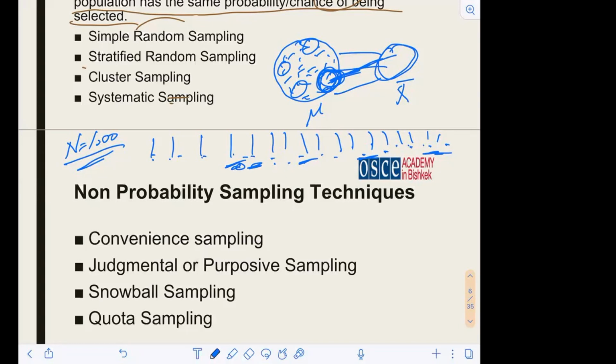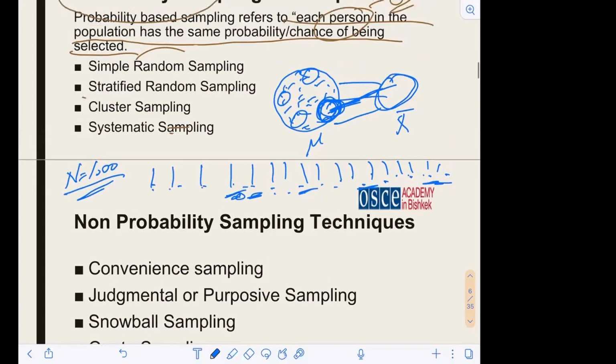That's called systematic sampling, where you do things systematically. You just want to know about COVID patients and how many people died, so you went to two hospitals, got all the information, that's all? No, that's not the way. Maybe the hospital is surrounded by more COVID exposure. Are you getting my point? So there are four different types of probability sampling where everyone has an equal chance of being selected.